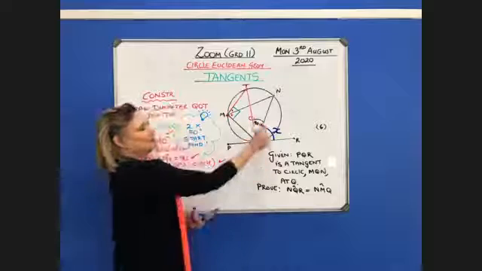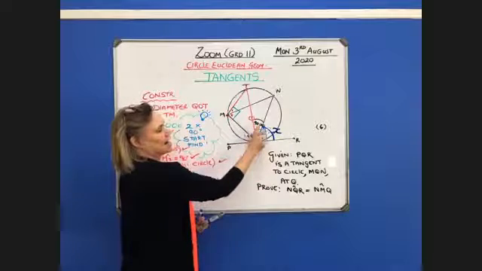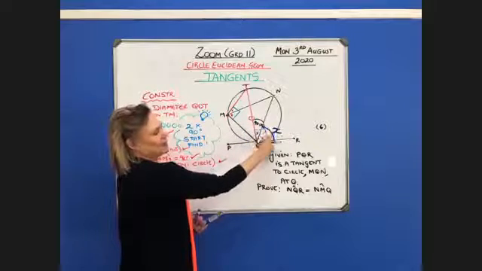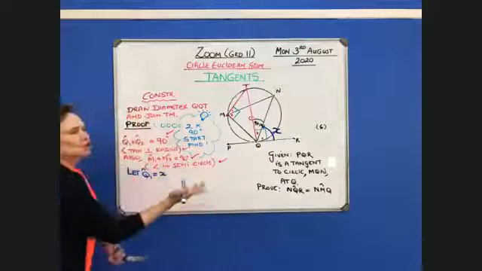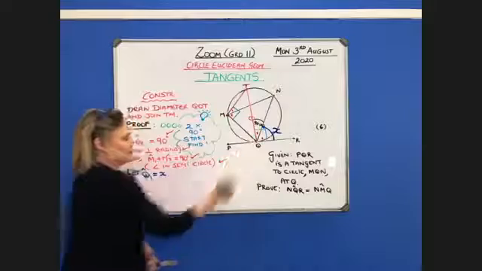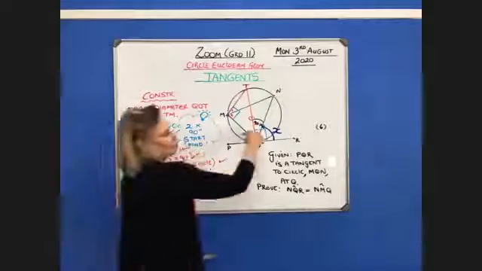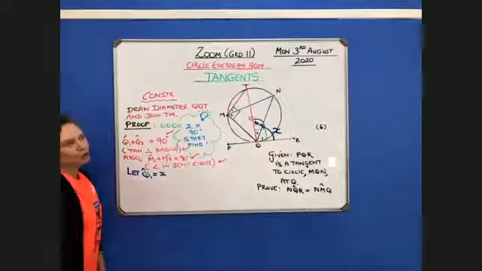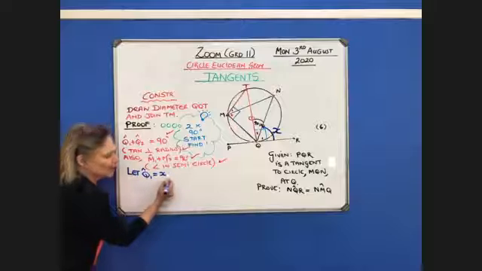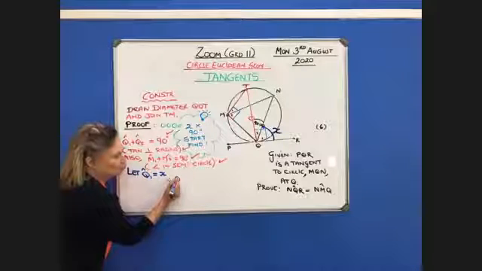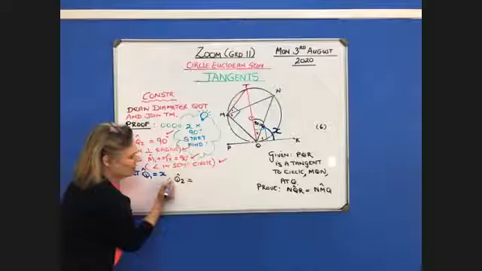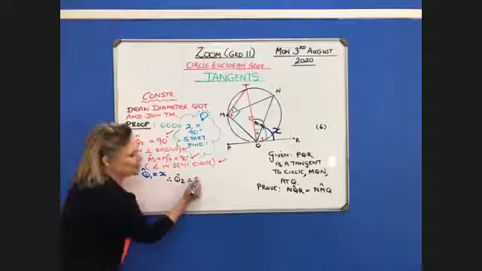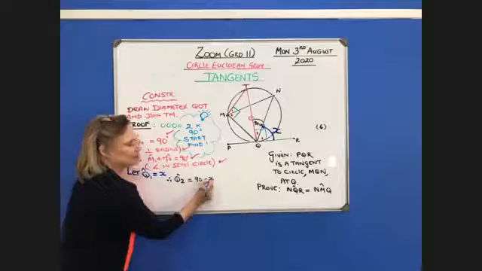Because the X's negate, leaving me the 90. There's no reason for that, because I've basically said already that the 2 angles add up to 90. So I must just say, therefore, angle Q2 equals 90 minus X.